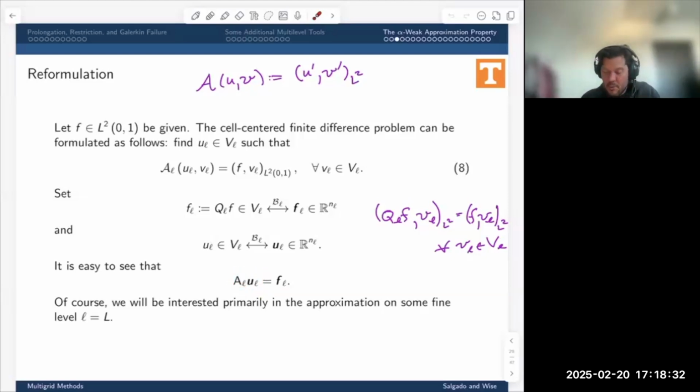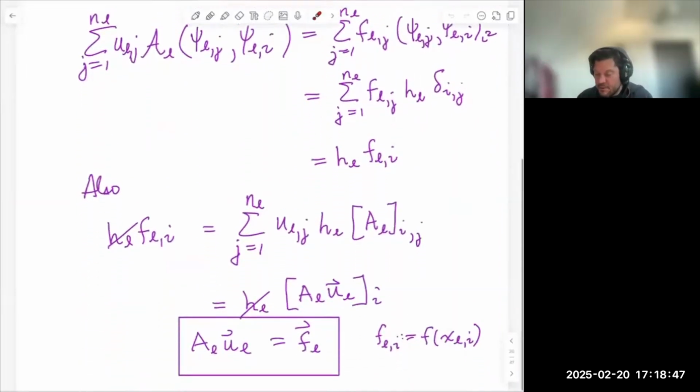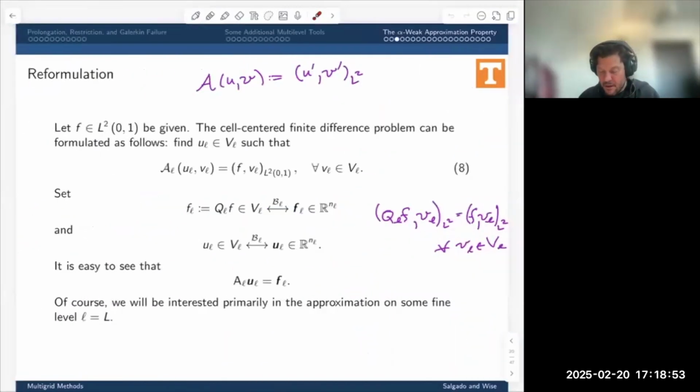It doesn't really matter where the right-hand side comes from. In one case, it comes from the components of a piecewise constant function expansion, and in another setting, it comes from evaluating some continuous function at cell-centered grid points. All that really matters is the structure of this left-hand side, AL times UL.